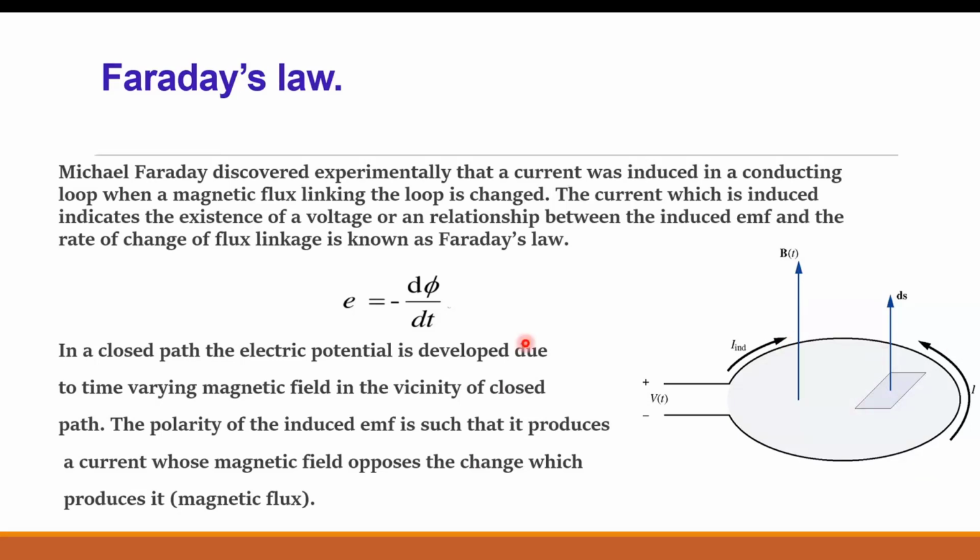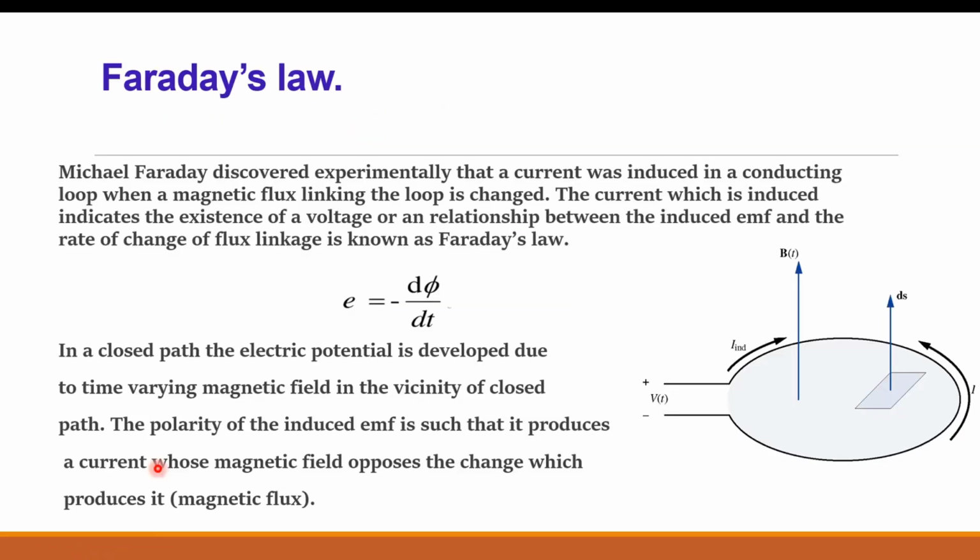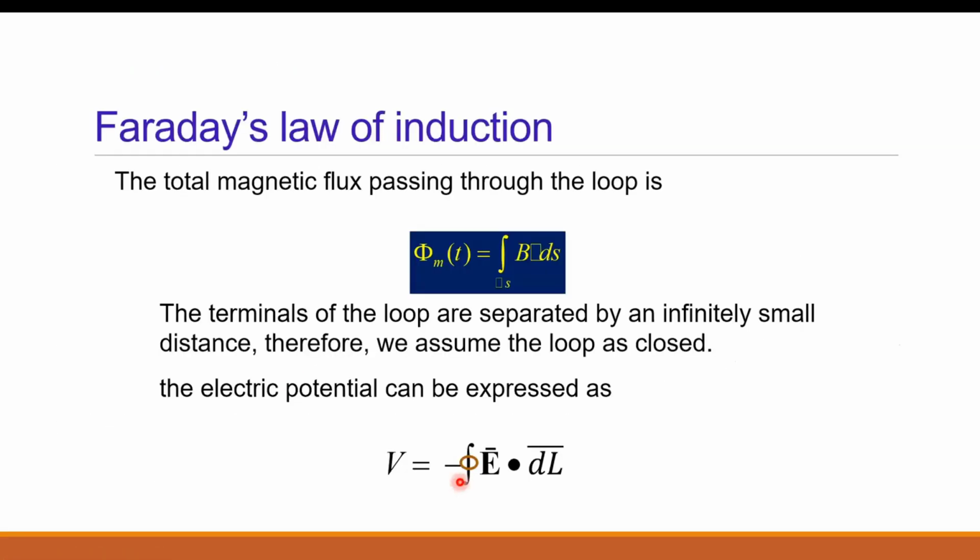The same voltage can be expressed in terms of E bar, the electric field, because since a magnetic field is generated, an electric field was there, and that we have applied. So we can apply the same relationship that we derived already in the electrostatic field. So whatever EMF is generated, we can call that potential, and that potential is given by minus the closed integration of E bar dot dl bar.